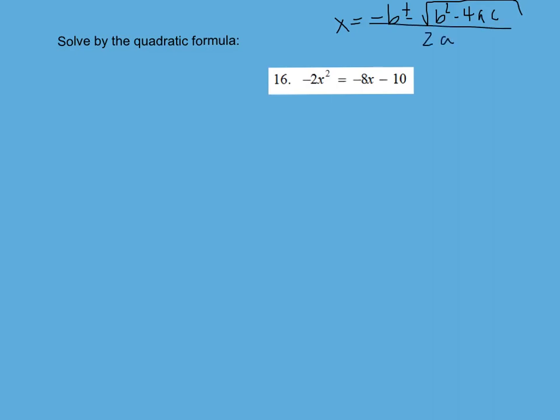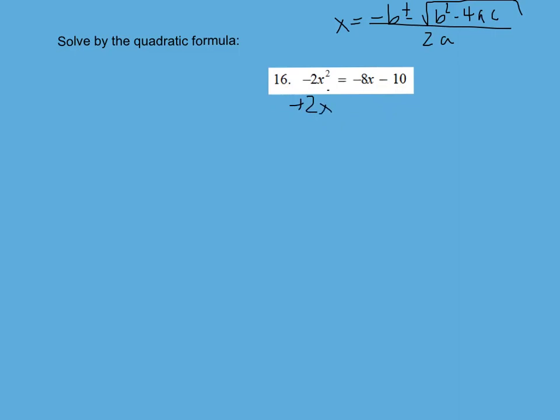Okay, so I need to identify my A, my B, my C, but hold on. This is not in standard form. So what I need to do is make sure to get everything on one side of the equation. Now, I could do this two ways. I could either move this guy over here to the right, or I could move these two things over here to the left. I'm going to just move one thing.